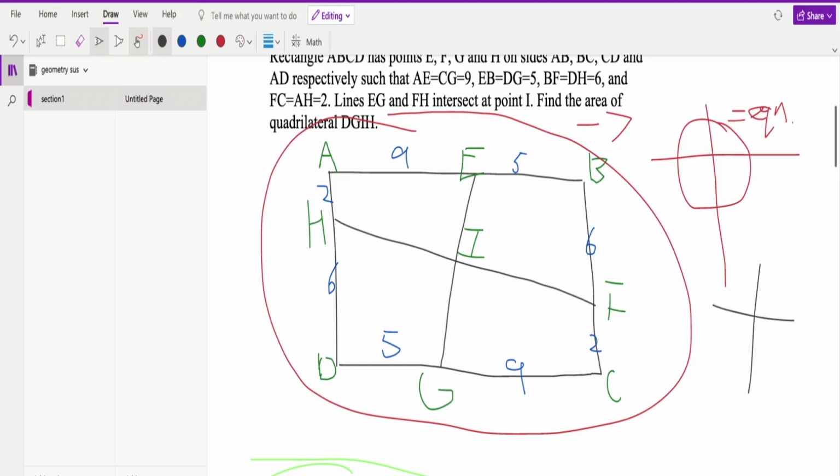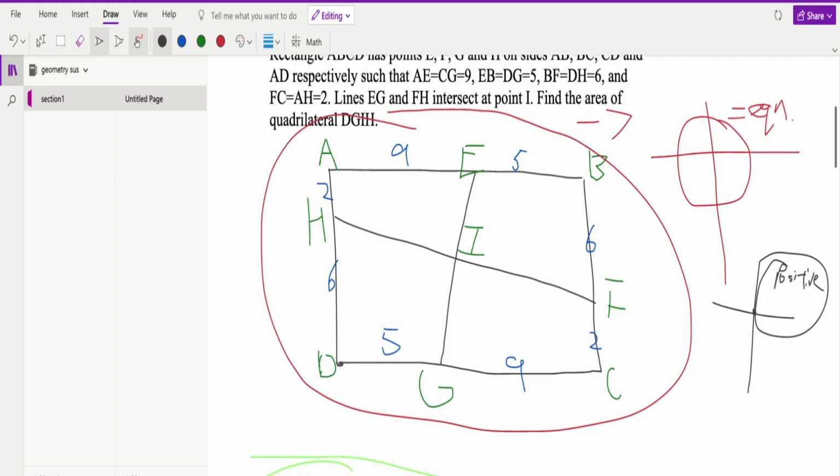So if we have a plane, we want to use this one because this is all positive coordinates. And what's easiest is I'm going to set this point D right here on the origin, since that'll make our lives easier.